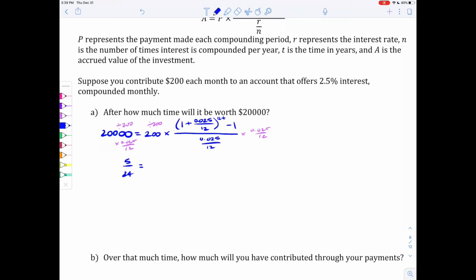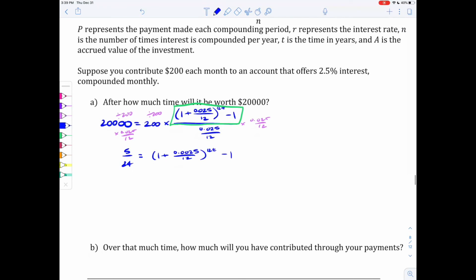Anyways, what that leaves me with on this side will just be this business up here. So I've got 1 plus 0.025 over 12, to the 12t, minus 1.